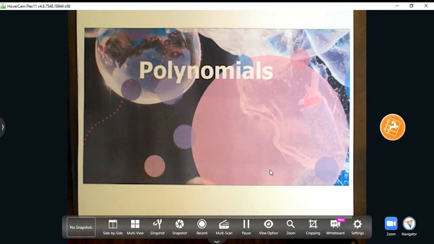All right, so we started this chapter by looking at our quadratics, which are actually a specific type of polynomial. And so now we're going to look at just some general polynomials instead.